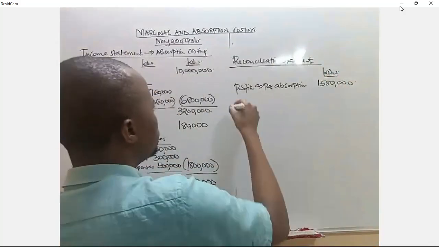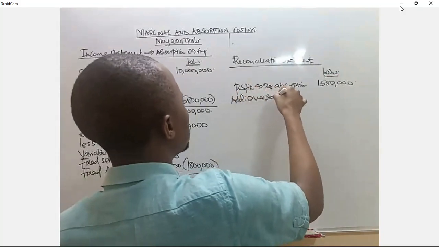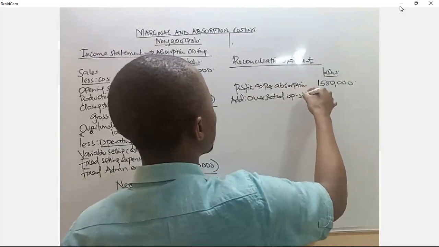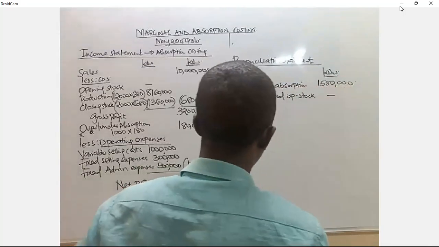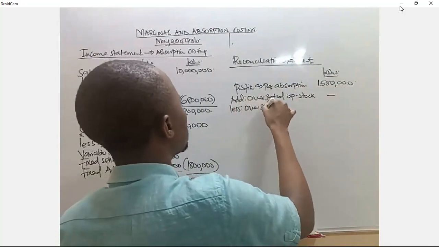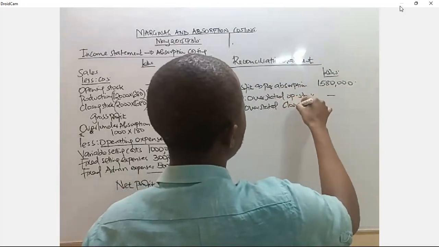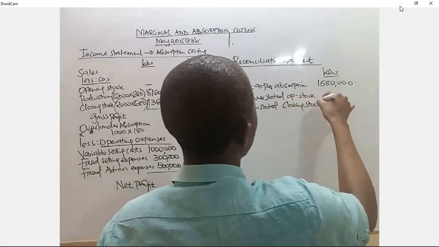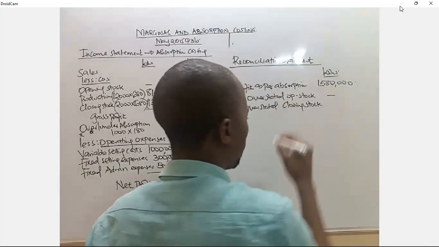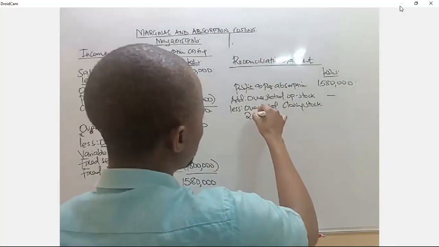Then we have said add overstated opening stock, which we don't have. Then we less overstated closing stock. How much is our closing stock here? In this case, we know very well our closing stock is 2,000.